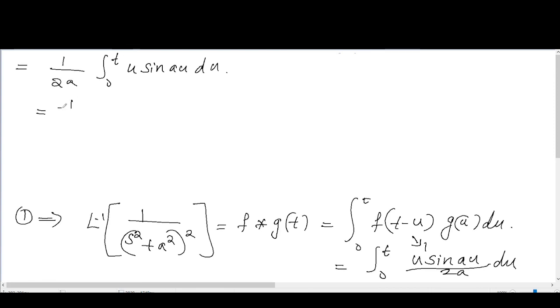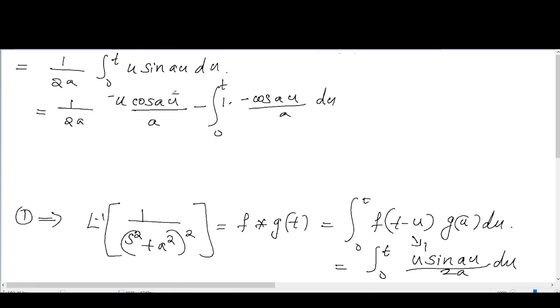Now this is equal to 1 by 2a, first function into integral of the second function, minus integral of the derivative of the first function into integral of the second function, from 0 to t, here also from 0 to t.